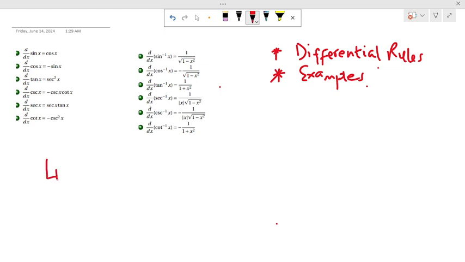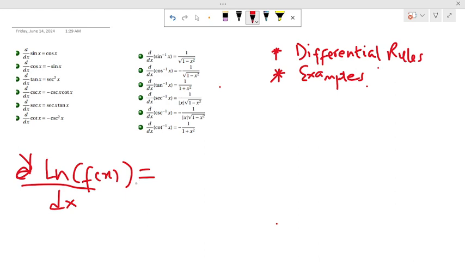Now suppose we have ln of a function f of x. Now f of x can be any function at all, maybe x plus 2, x squared plus 16, x cubed plus something, ln of sine x, anything at all. So to find the derivative of this function with respect to x, what we do is differentiate the baby.